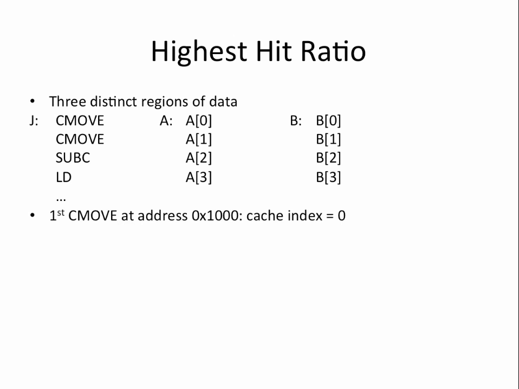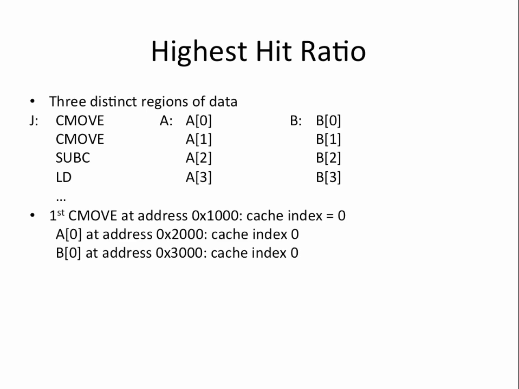If we think about the addresses of each of these regions in memory, we see that the first instruction is at address 0x1000. This will result in an index of 0 regardless of which cache you consider. So for all three caches, the first instruction would map to the first line of the cache.